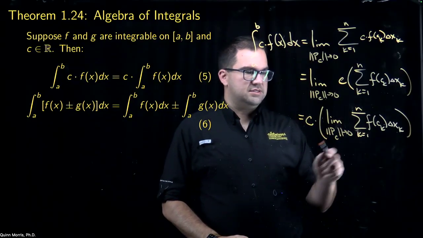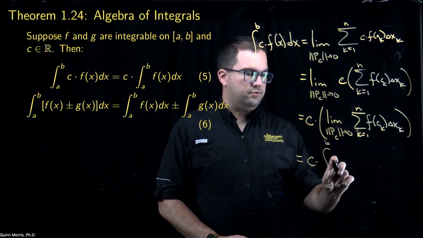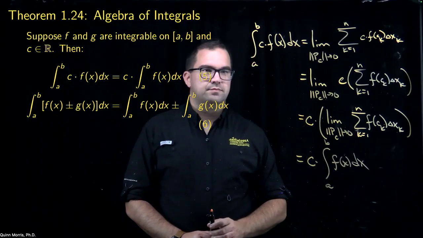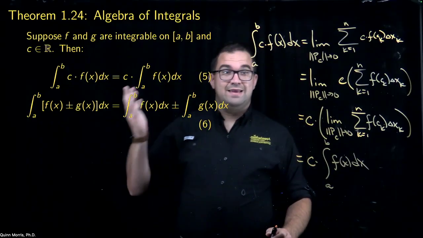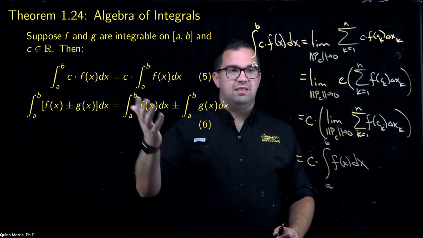And being integrable means this limit exists and is equal to the integral from a to b of f of x dx.